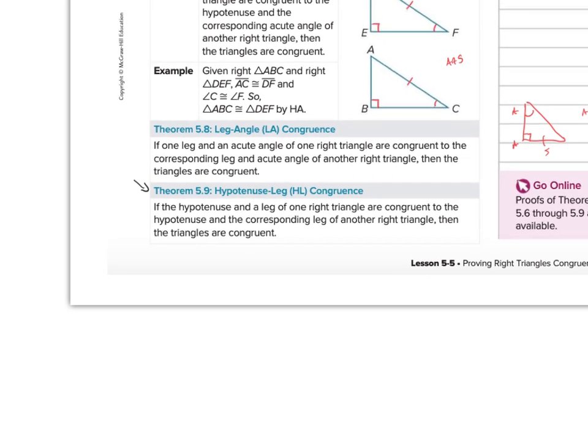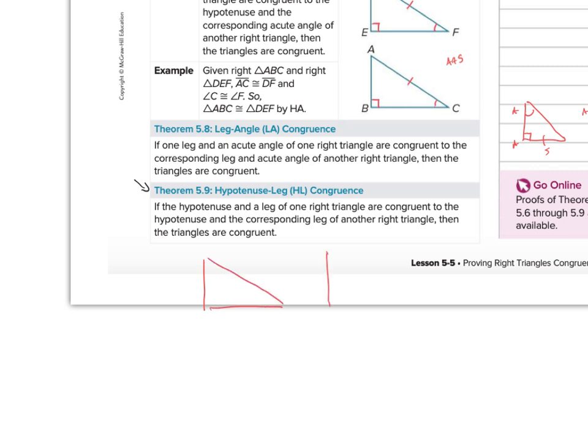So we have, if the hypotenuse of one triangle, that's a horrible looking right triangle. We have a right triangle not drawn to scale, and they're saying if the hypotenuse and the leg of one triangle are congruent to the hypotenuse and leg of another triangle, then we have two congruent triangles.